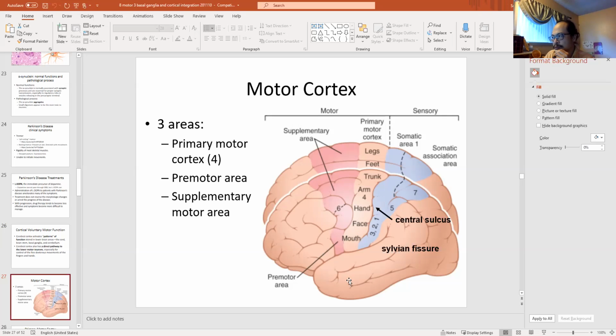This is the brain cortex, with the central sulcus: this part is the sensory, this part is the motor, and this is the central sulcus, the primary. We also have the premotor area and the supplementary motor area. So there are three areas in the cortex that conduct this motor function.